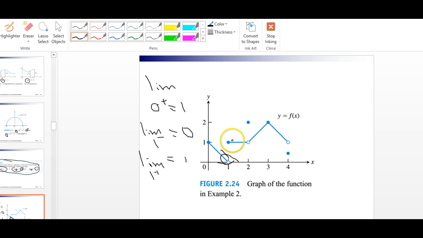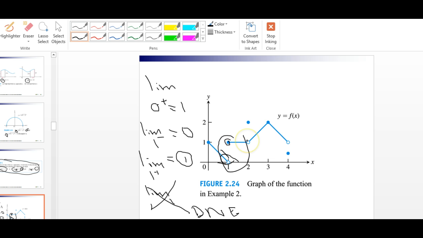From the right to 1, it is heading towards 1. So the left limit at 1 is 0, the right limit at 1 is 1. Is there a limit? They're heading to two different places. No limit at 1. We just say the limit at 1 does not exist.